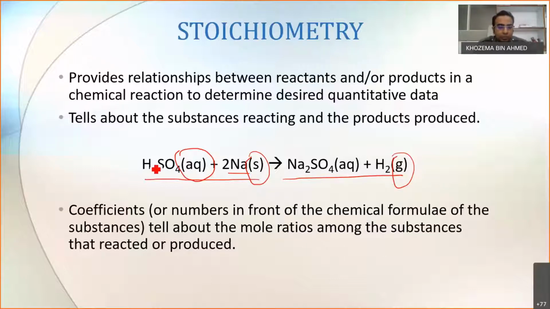So if you see here, if there is no number in front of your sulfuric acid, it means that it is 1. The stoichiometric coefficient is 1. For sodium, the stoichiometric coefficient is 2. For sodium sulfate, it is 1 again. If it's 1, we don't write it. And for hydrogen, it is 1 as well. So this is your stoichiometric coefficient.